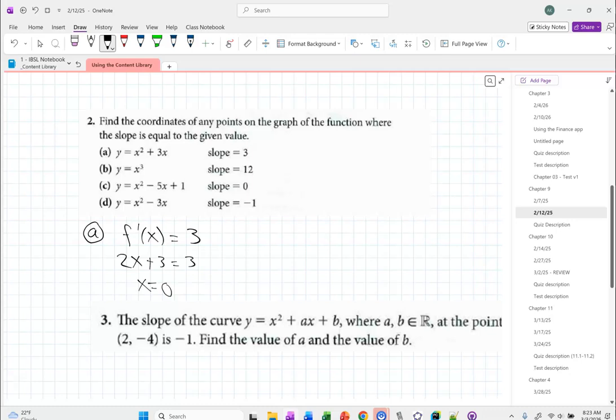Now, read the question real carefully, because I haven't given the answer yet. What does the question ask for? Find the coordinates of any points on the graph where the slope is equal to the given value. So I have to find a y coordinate. Where am I going to get the y coordinate from? Plugging back in to where we started.